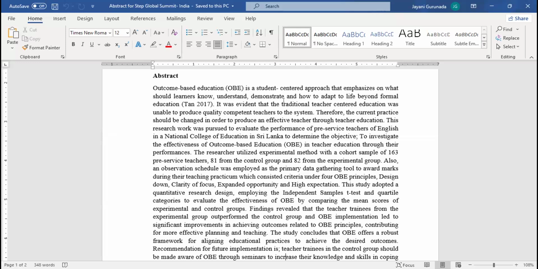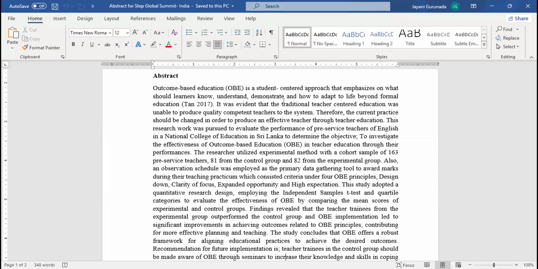So your research design is action research, right? With the cohort sample, you don't need to write the same word. Cohort sample means your sample. My sample is 163 pre-service teachers, 81 from the control group and 82 from the experimental group, because I did an experimental research.